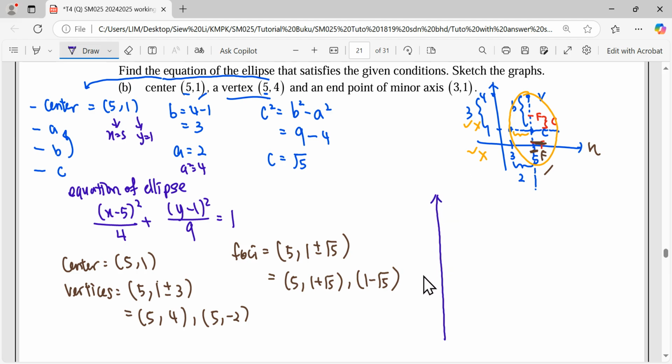Sketch means you need to draw it correctly, logical in position. This one I was just drafting so that we can get the information and understand what the question is talking about. When you come to sketch, you need to make everything accurate. So this is the value of 3, 1, 2, 3, and this one is 5.